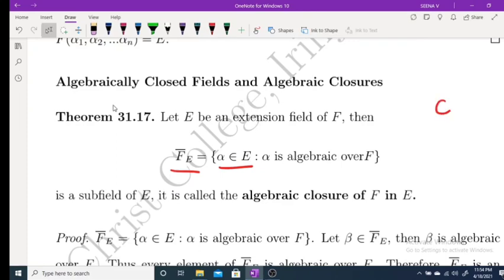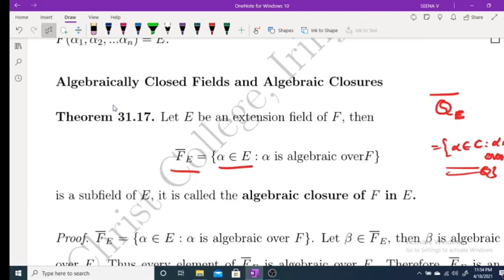So what we know is this one: Q_C closure, the set of all alpha belonging to C such that alpha is algebraic over Q. That is the set of all algebraic numbers.